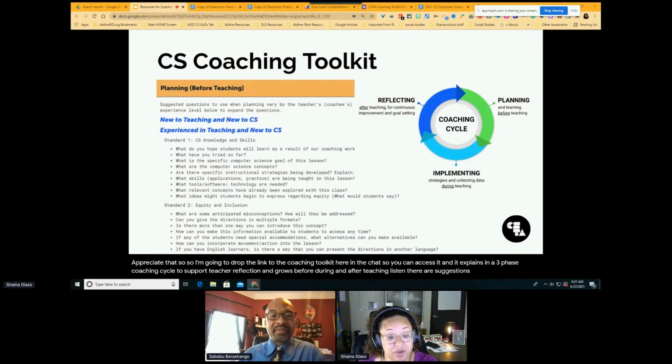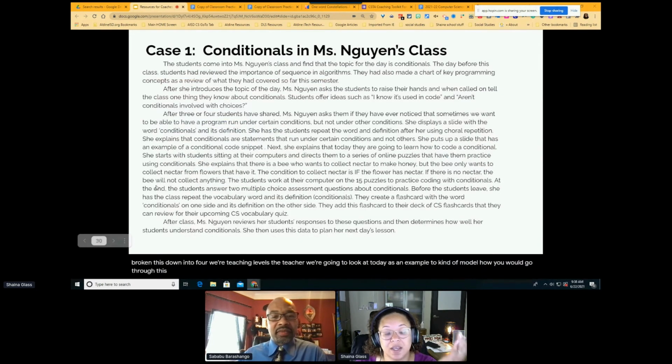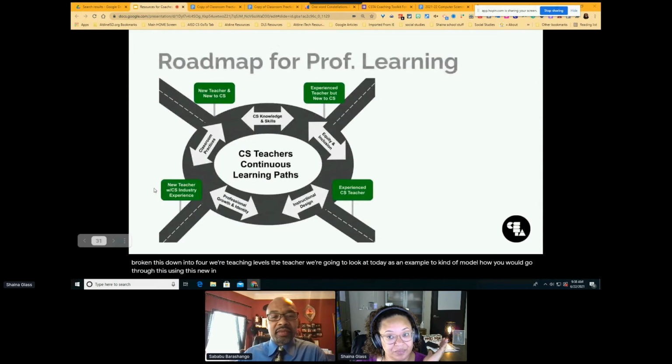There are suggested questions that coaches can use to guide teacher reflection at each step, with differentiation based off of the teacher experience level. And we've actually broken this down into four teaching levels. The teacher we're going to look at today as an example to model how you would go through this is Miss Nguyen.